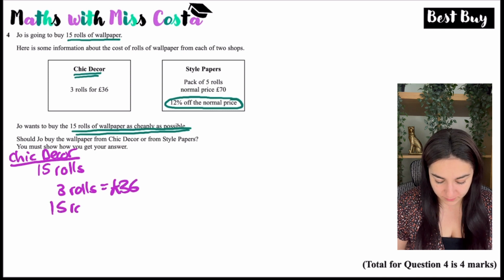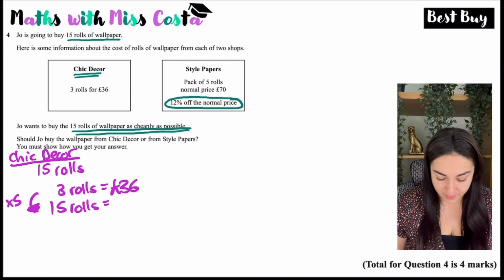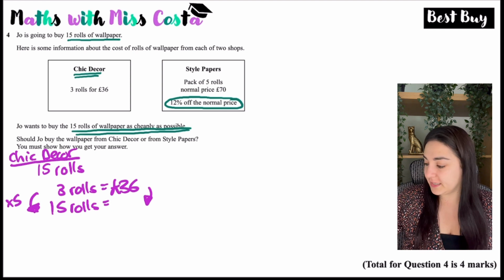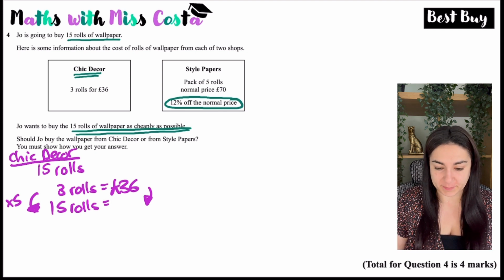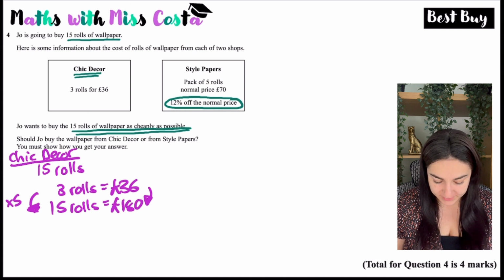I want 15 rolls. So what have I done to get from 3 to 15? I've multiplied that by 5. So I can do 36 times 5, which is 180. So I know that at Chic Decor, it's going to cost £180 for 15 rolls.